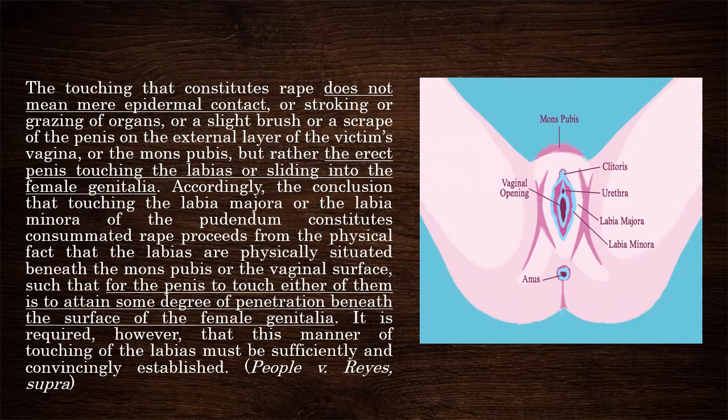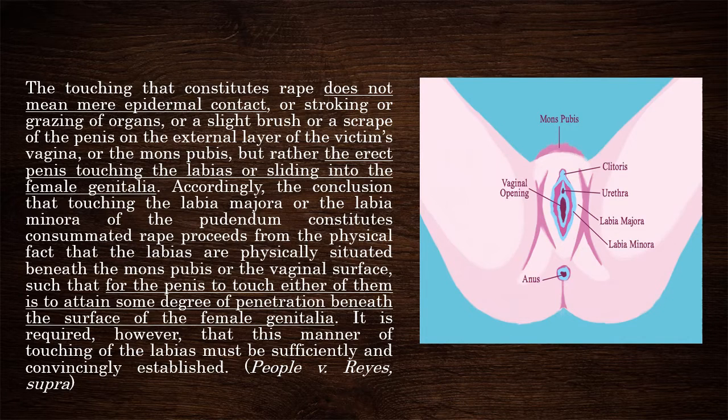So as you can see in this picture, kung ang nangyari is the rubbing of the penis lang on the vaginal surface or on the area near the mons pubis or on the mons pubis itself, or even if ang nangyari is dun lang ang penetration or dun lang ang touching na nangyari sa may clitoris portion ng vagina ng babae, it will not be considered as consummated rape.